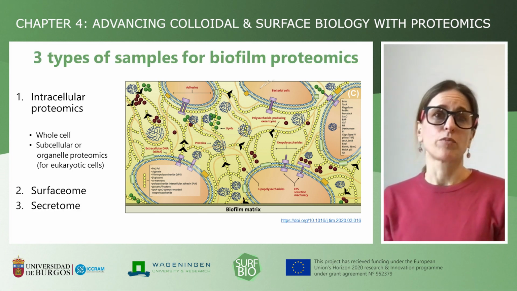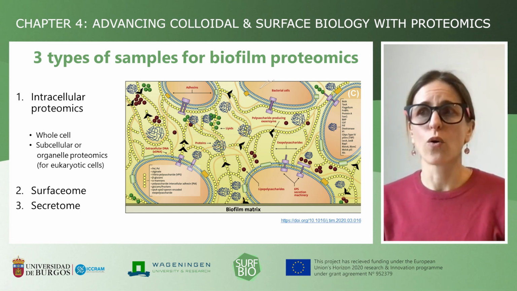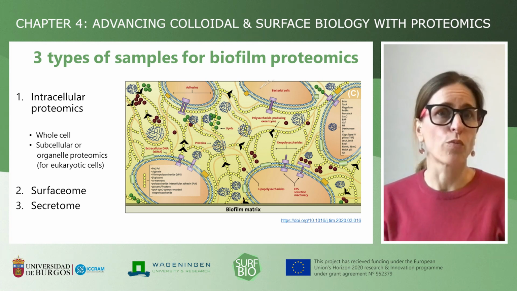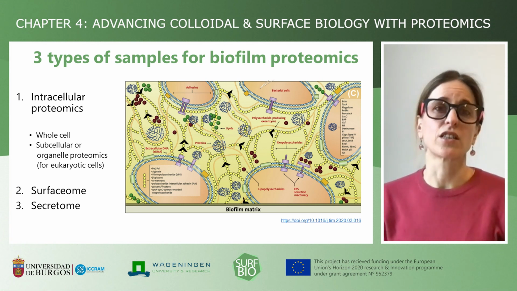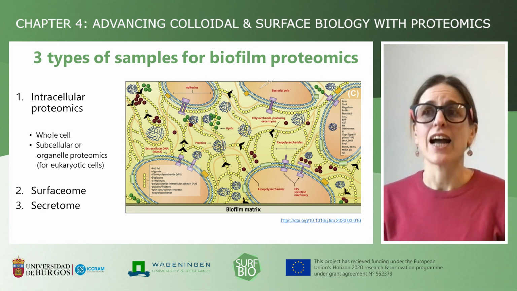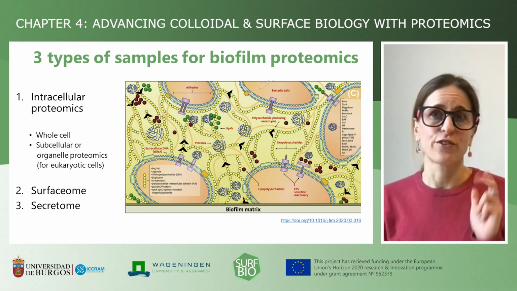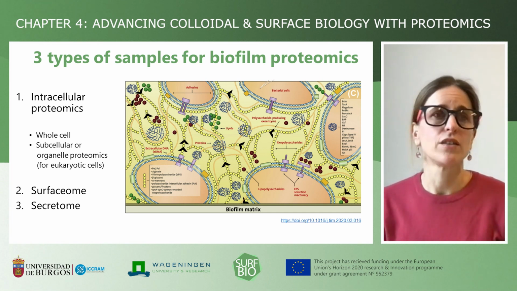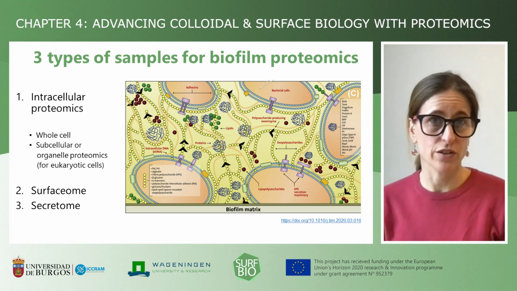We can look at proteins that are present within the bacterial cell or at specific organelles or parts of the cells. We can also look at proteins that are at the surface of our bacterial cells. And finally, at proteins that are secreted. These three different levels require individual approaches to select the proteins of interest.